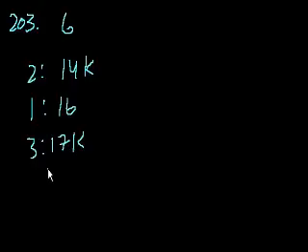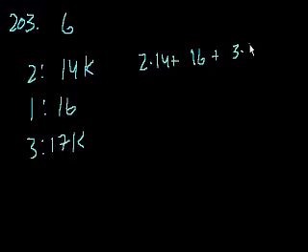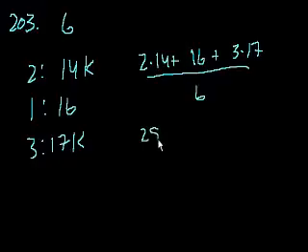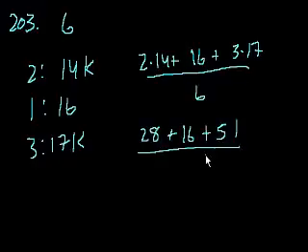So we have to take the sum of all of their salaries and divide by 6. So it'll be 2 times 14 plus 1 times 16, plus 3 times 17, and we divide it by 6. 2 times 14 is 28, plus 16, plus 51. All of that over 6.